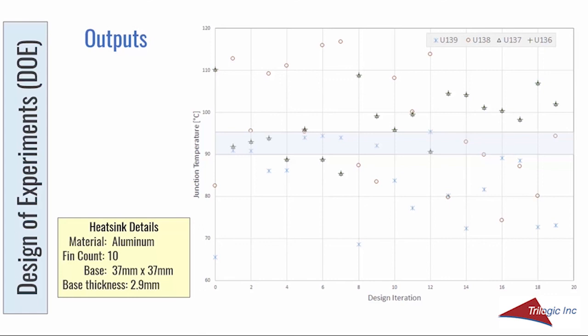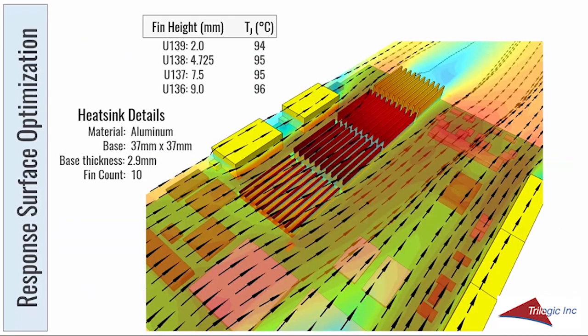What it returns is the optimal fin heights and a prediction of what the operating temperatures would be. After the mathematical estimate, you need to confirm that prediction with a CFD.